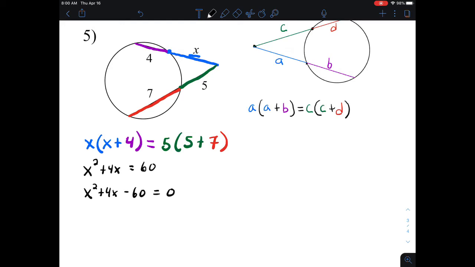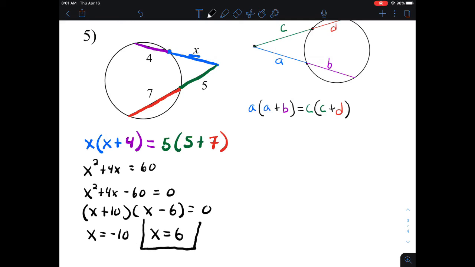We have to factor this, and it factors to x plus 10 and x minus 6. Now I'm working my way to solve here. I get x is equal to negative 10, and x is equal to 6. We're talking about lengths of line segments here, so the only one that makes sense for a length of a line segment is if x was positive 6.